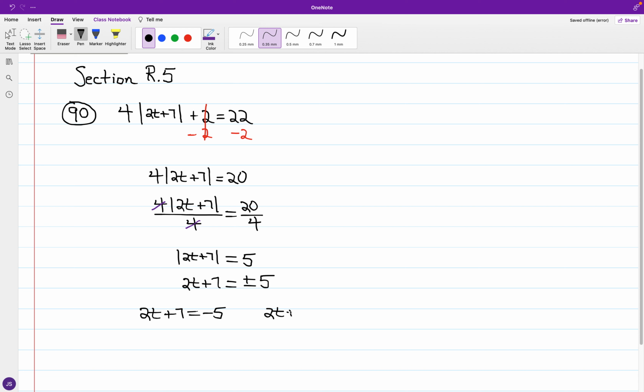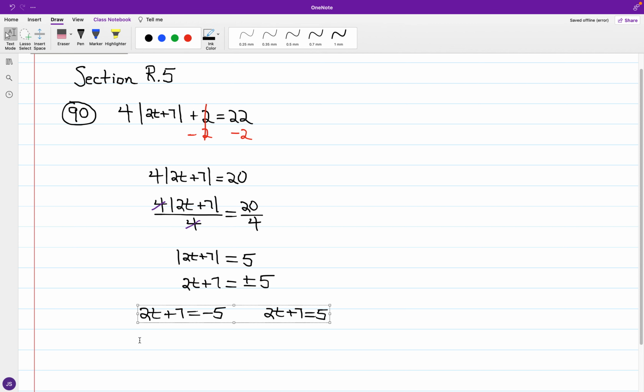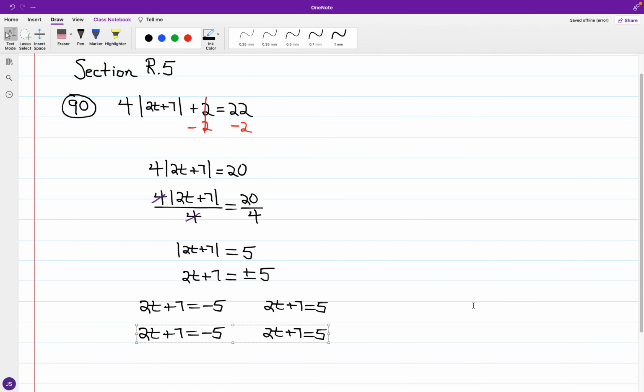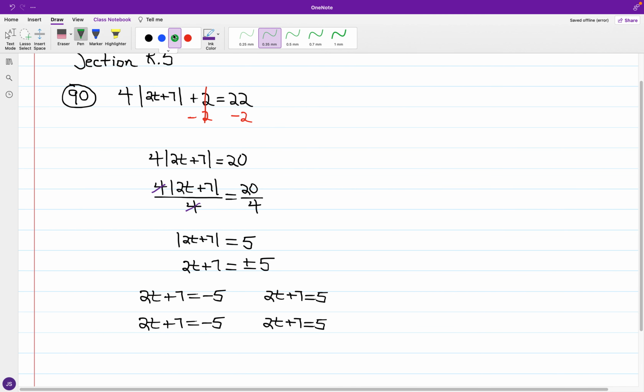Also, we have 2t plus 7 is equal to 5. So we have a 2-step linear setup for each arrangement.